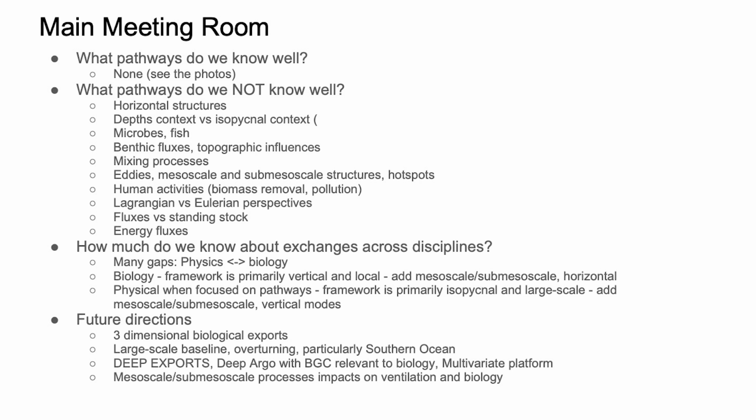The biologists by exporting things down, and the physicists by going thousands of kilometers out of your way and back. So how do we tie those 2 together? That's my main takeaway on the gap between the 2 disciplines.